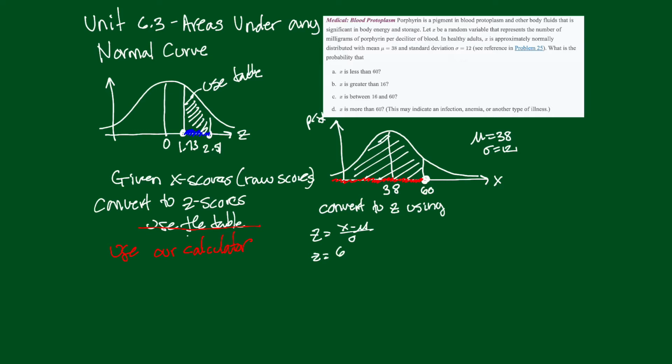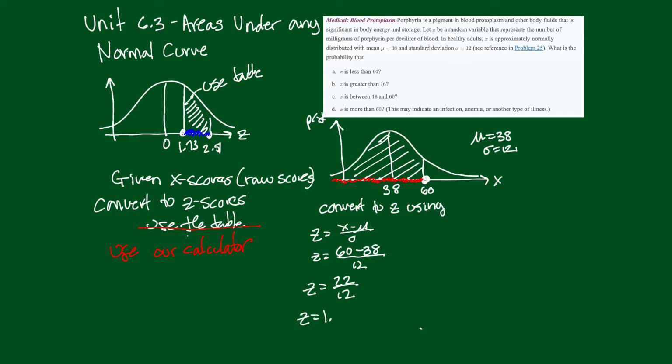We get 60 minus the mean, which is 38, all over the standard deviation, which is 12. So z is equal to 60 minus 38, which is 22, divided by 12.